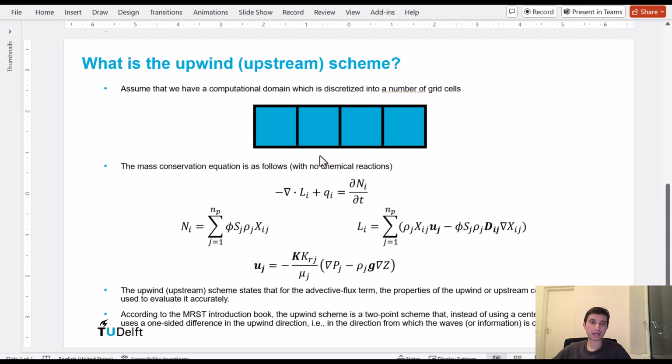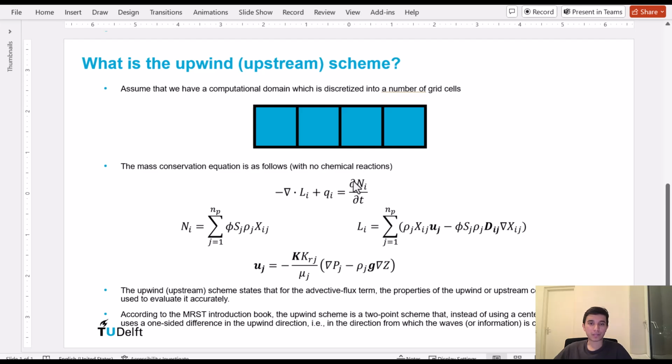And let's say that we have some fluid in this system which we're going to simulate, and the fluid consists of a number of components. To this end, we need to write a mass conservation equation for each of the components in the system. Component I, in this case, I is the index, which could be any of the components in the system.